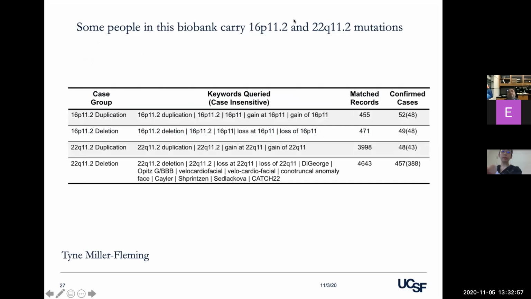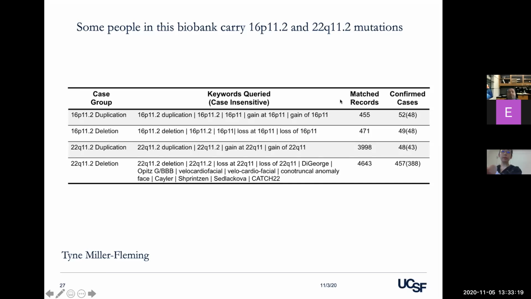And so one of the first things that we looked at, when we looked at this biobank, is that some people in this biobank had 16p11.2 mutations, duplications, deletions within their medical records.